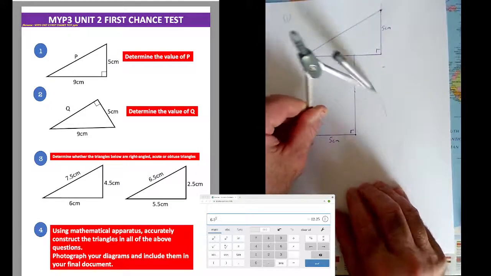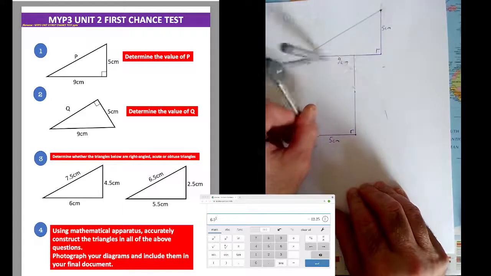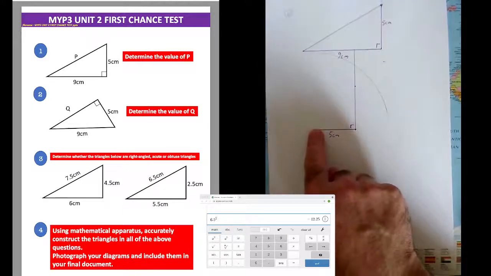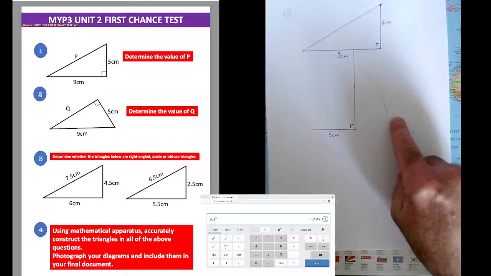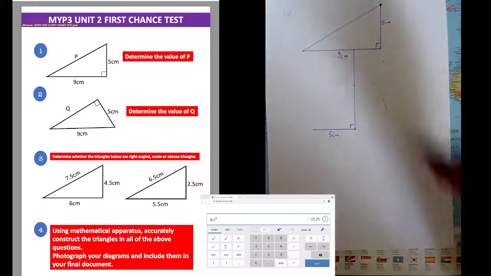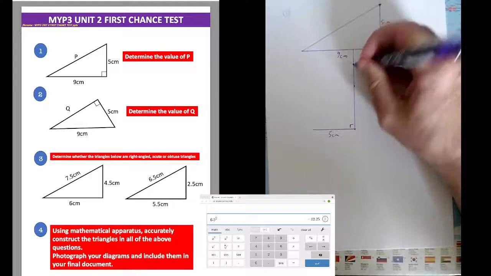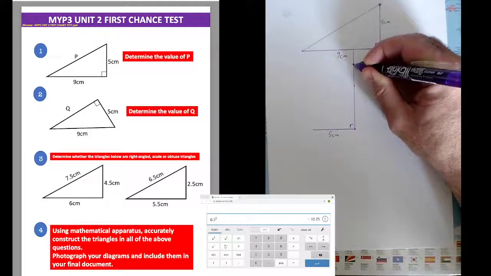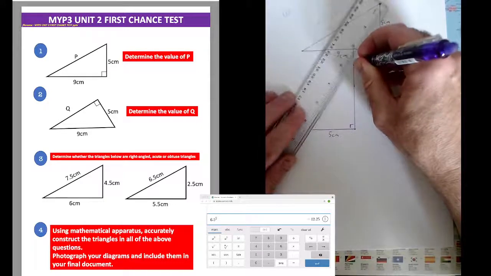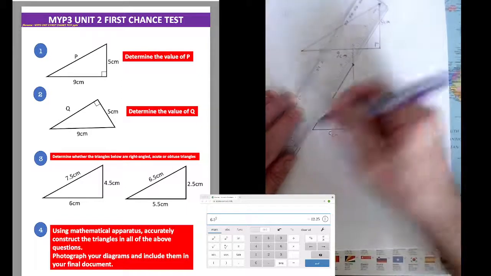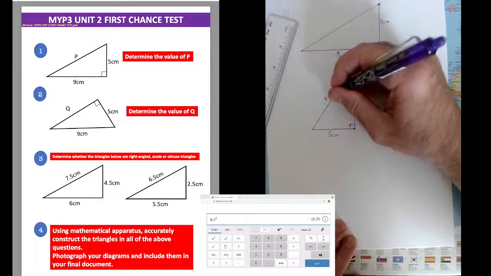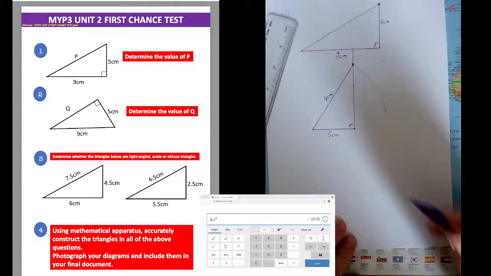And then I'm going to draw an arc that's 9 centimeters away from that point. So everywhere on that arc is 9 centimeters away from the point. And where it meets the vertical line that we just drew is where we're going to make our triangle. So that goes there. And that was 9 centimeters.